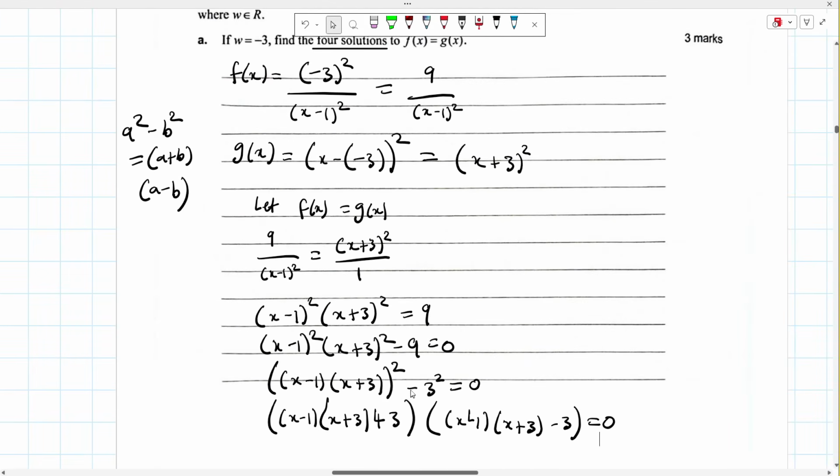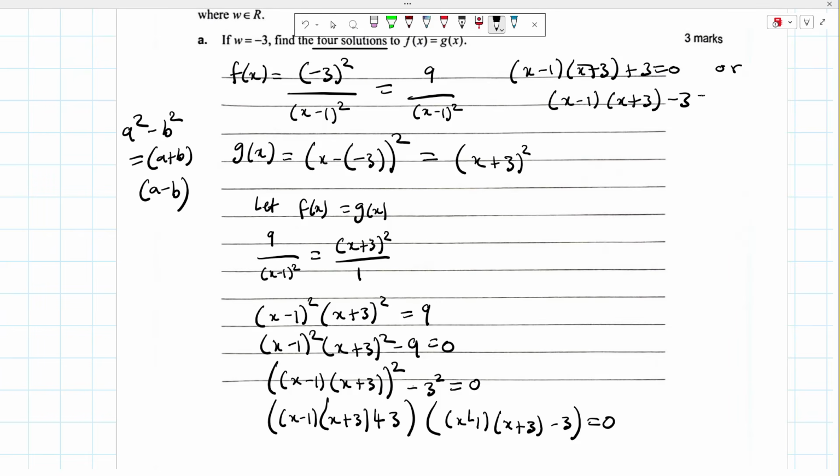So using null factor law, we get (x minus 1) times (x plus 3) is equal to 0, or (x minus 1) times (x plus 3) minus 3 is equal to 0. Right? Let's tackle the first one first. First, we need to find out what's actually (x minus 1) times (x plus 3). That's going to be x squared plus 3x minus x minus 3.